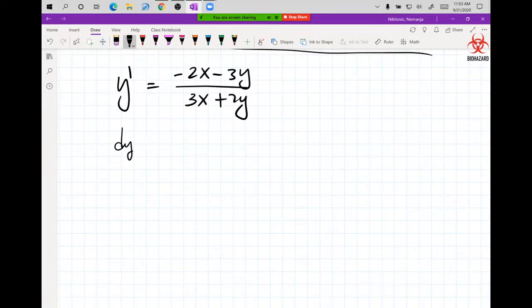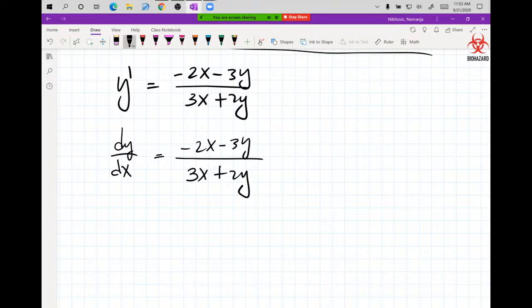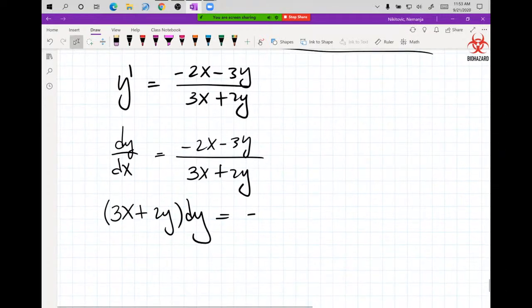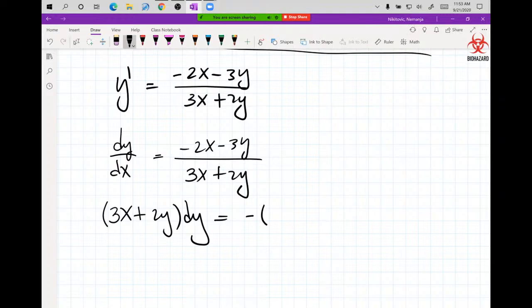You write this as dy over dx is equal to negative 2x minus 3y. This is you trying a method that doesn't look like the appropriate method, but you are transforming the problem into the form, hoping it would work out. Now, you know that you are supposed to cross multiply to get these dx and dy, so it's going to be 3x plus 2y dy, and then factor out negative, and you have 2x plus 3y dx.